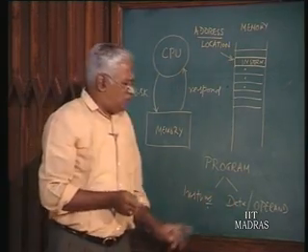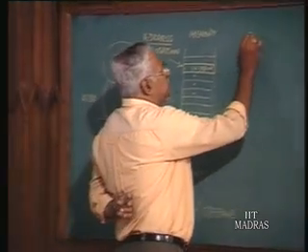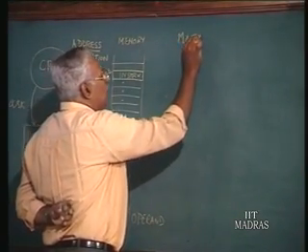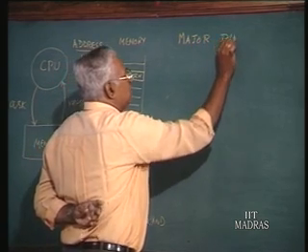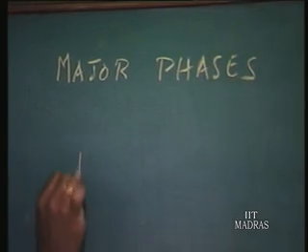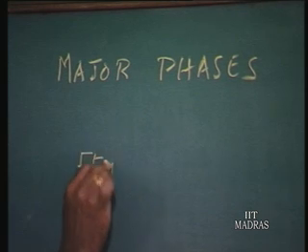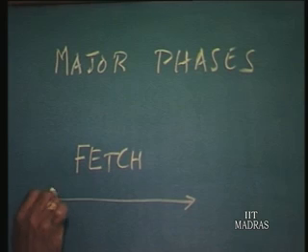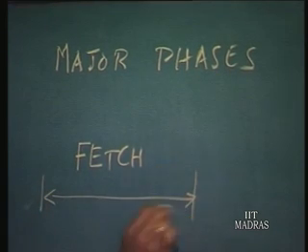Good. In other words, essentially you have two major phases of operation by the CPU. What are they? One is to fetch the instruction, whatever the particular instruction is, fetch that. This is one phase of it.